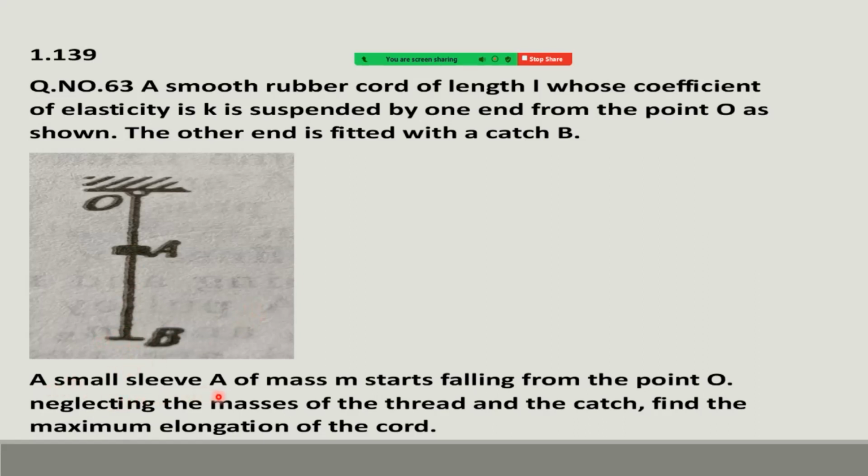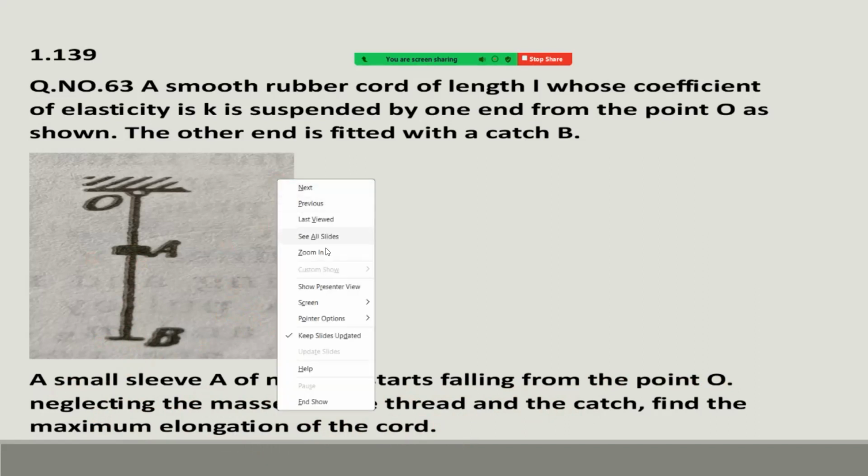A small sleeve A of mass M starts falling from the point O. Neglecting the masses of the thread and the catch, find the maximum elongation of the cord. Let us see how to start.